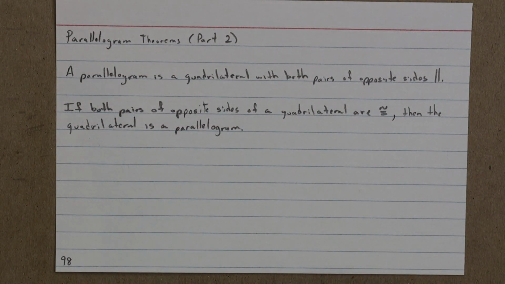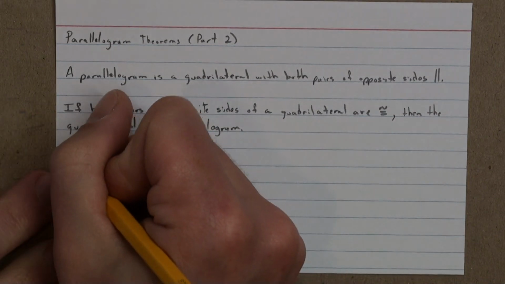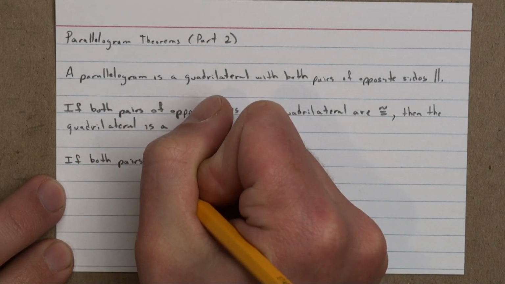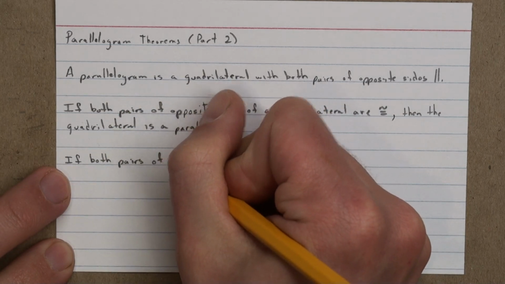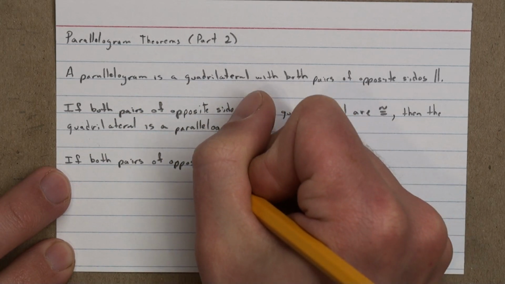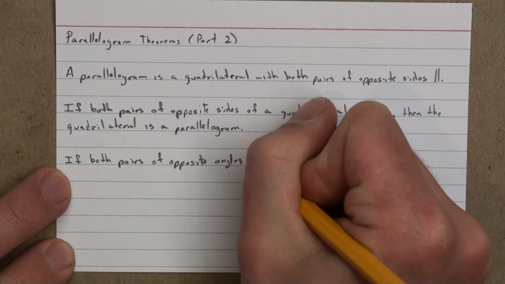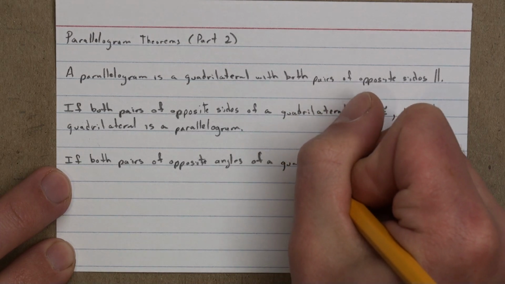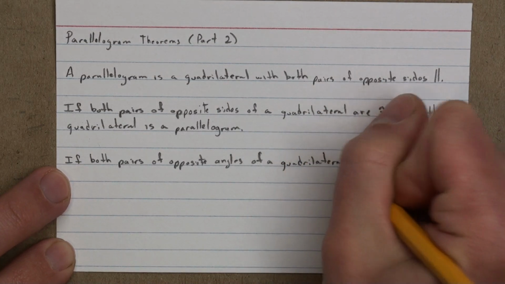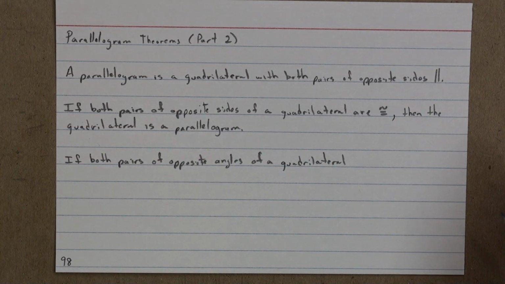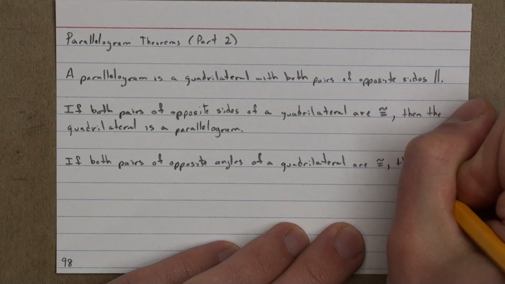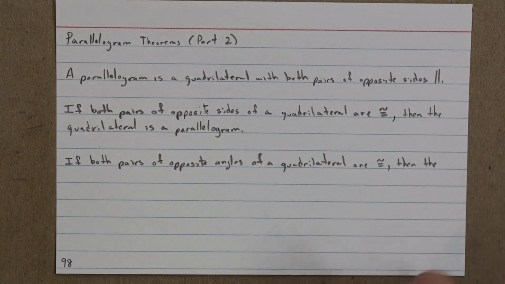If both pairs of opposite angles of a quadrilateral are congruent, then the quadrilateral is a parallelogram.